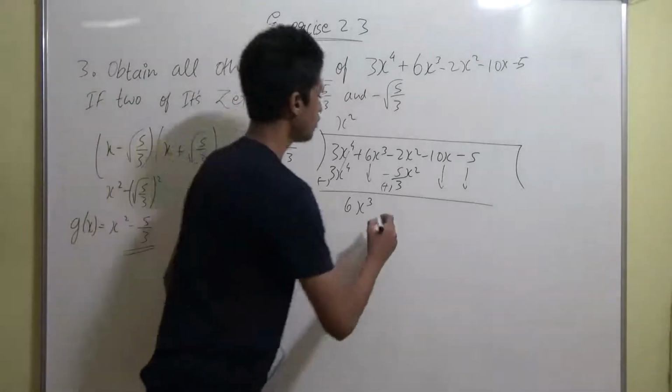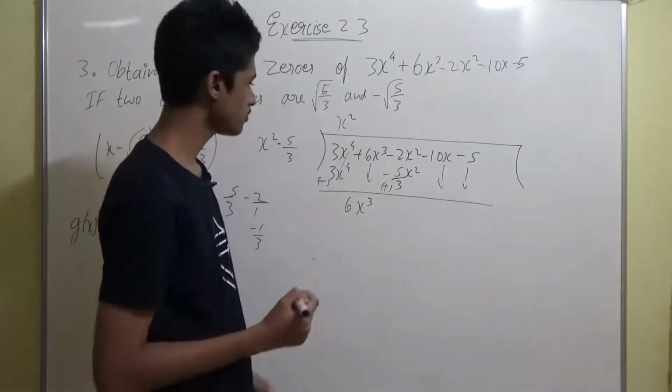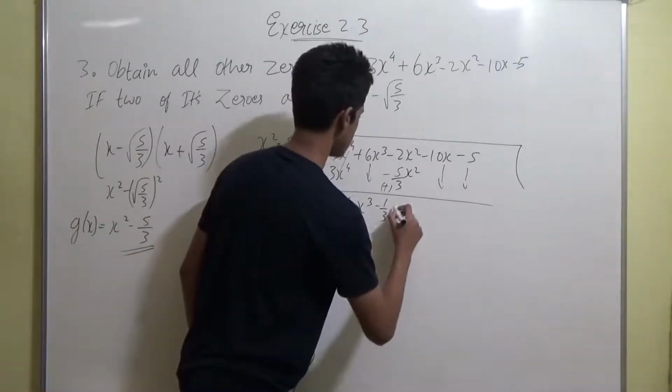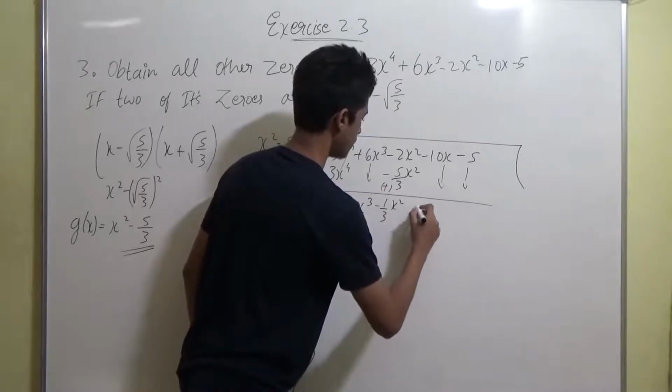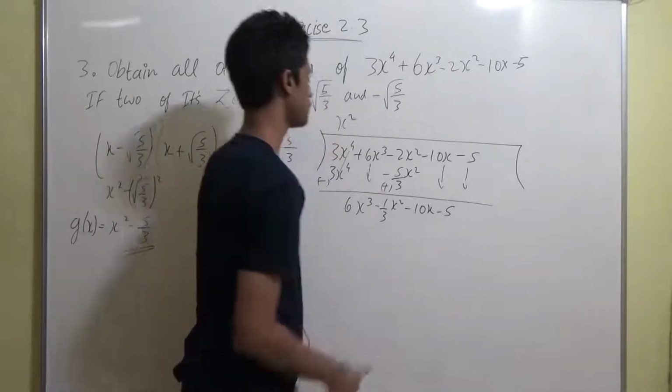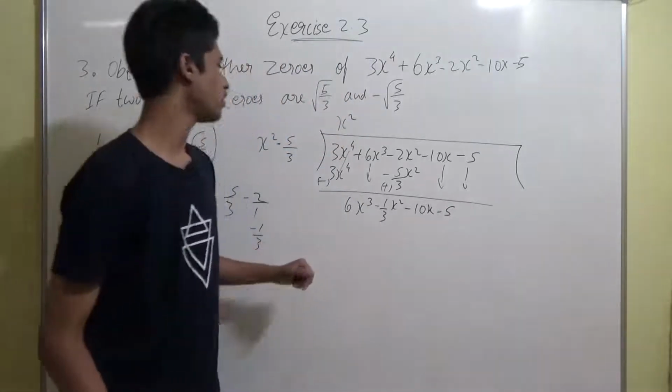So we have got minus 1 by 3 x^2, and these two terms we are just pulling down as they are. This is the second step which we have got.